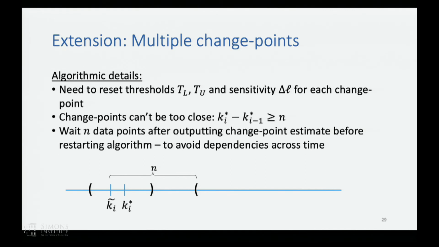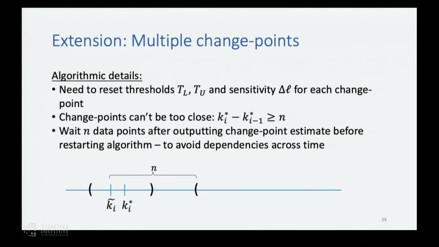It turns out that we also need this algorithmically because we're going to wait n points after we have identified a change point to estimate before we restart the algorithm. And so in this picture, imagine this is time here, and say there's some true change point k star i.